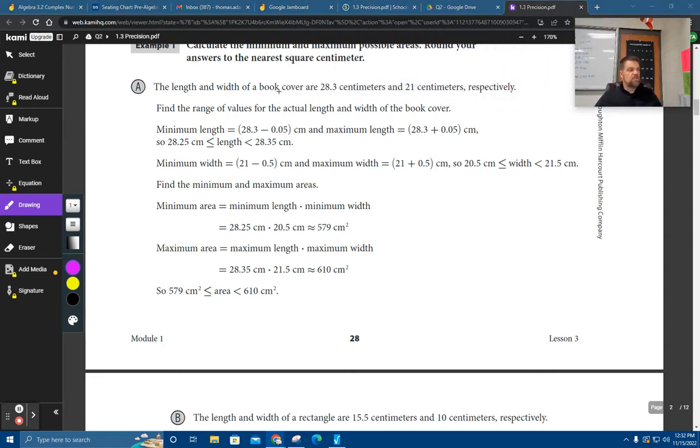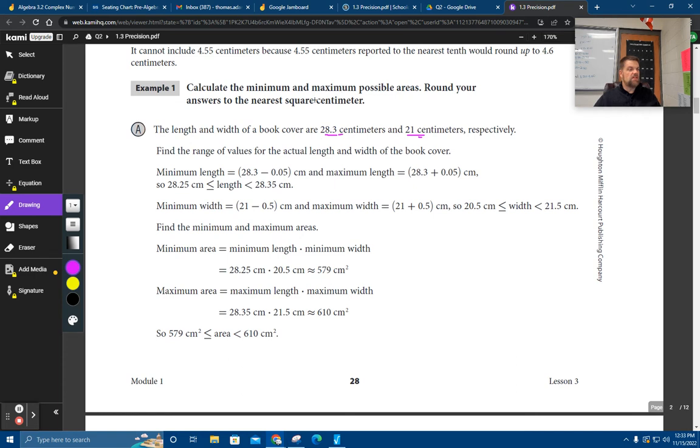It says the length and the width of the book cover are 28.3 centimeters and 21 centimeters respectively. Find the range of the values of the actual length and width of the book. So the minimum length, and I should probably read the question above. It says calculate the minimum and maximum possible areas, round to the nearest square centimeter.